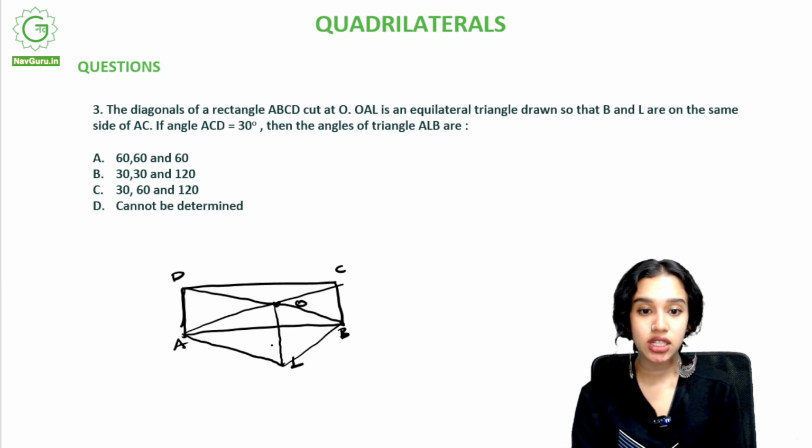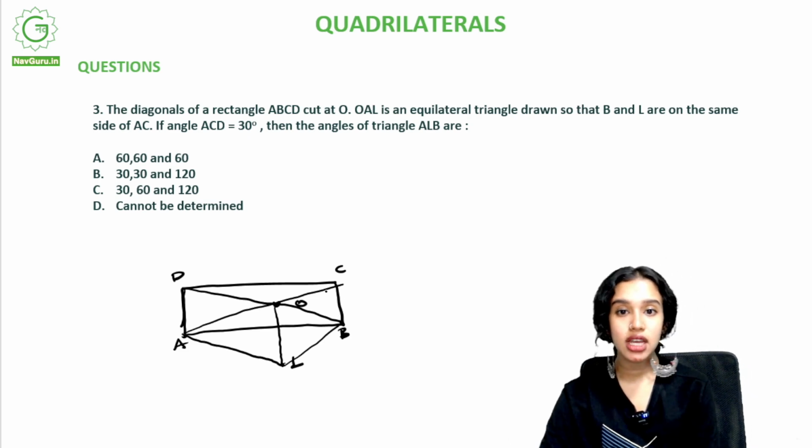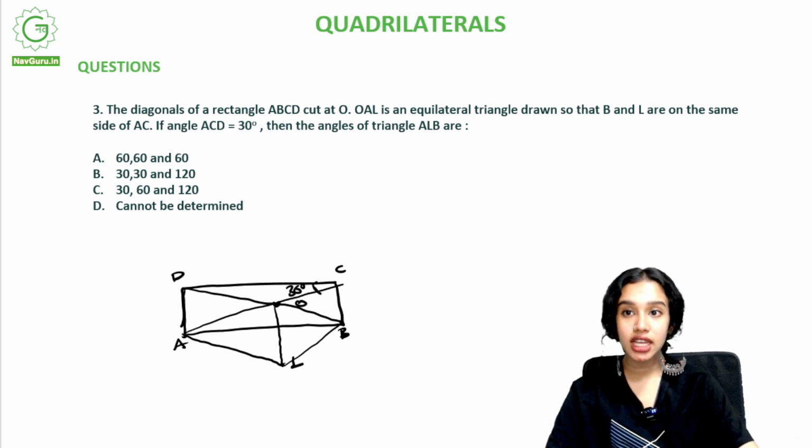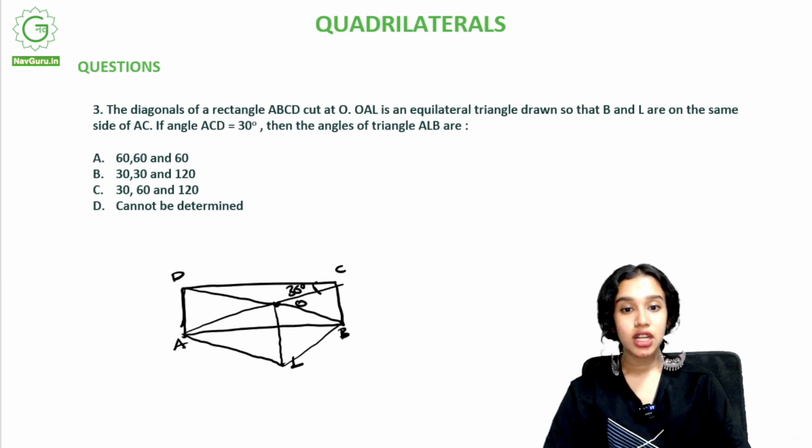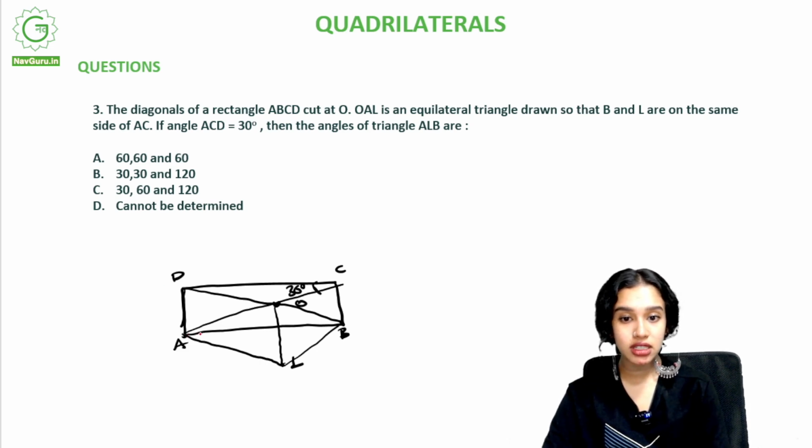So, AC is here, and B and L are on the same side of AC, and this angle ACD is equal to 30 degrees, right? We have to find the angles of the triangle ALB. So, let's mark the triangle differently.